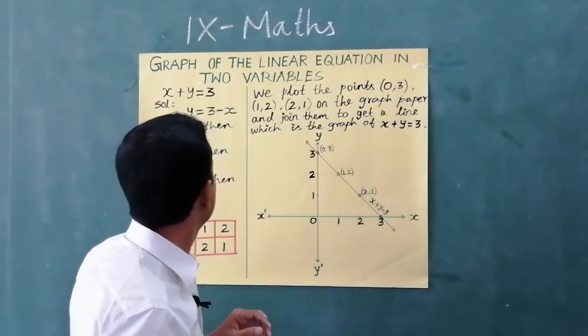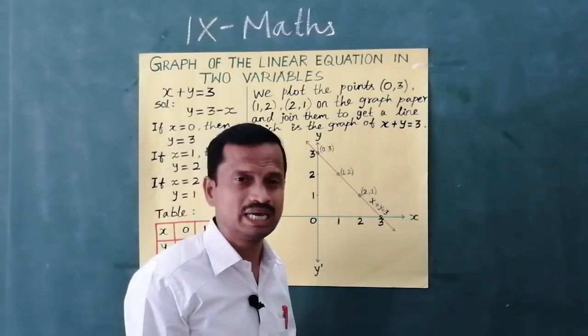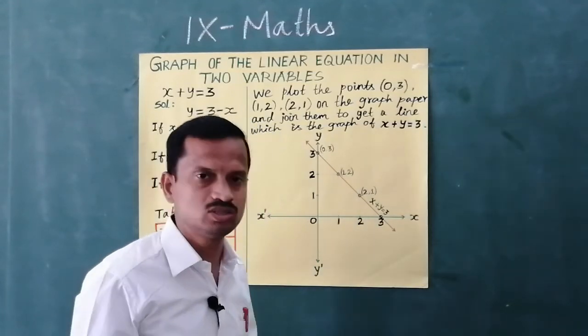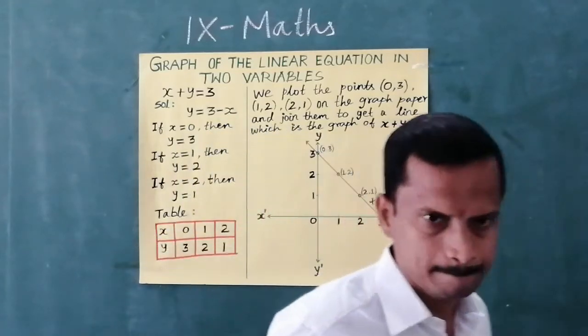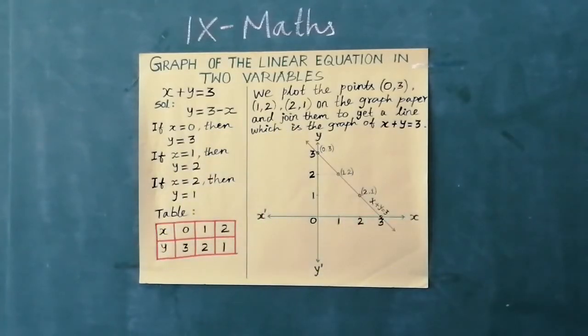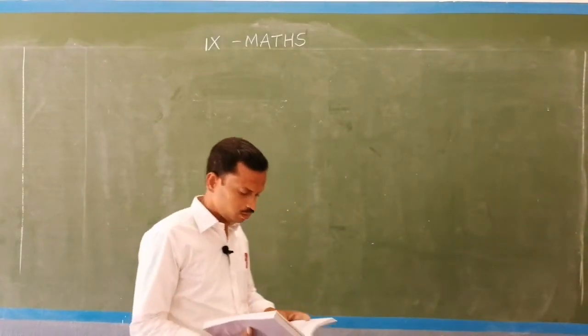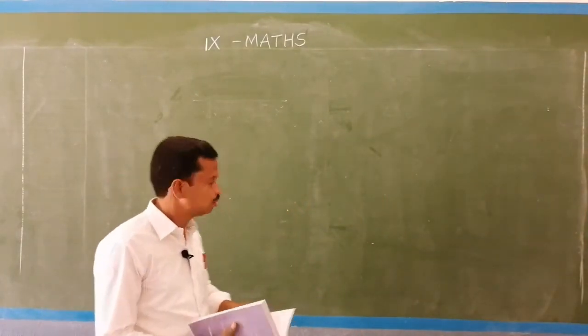When they ask to draw the graph of a linear equation in 2 variables, that is what you do. And now we move to the exercise problems. Now we are coming to exercise 4.3, first question.